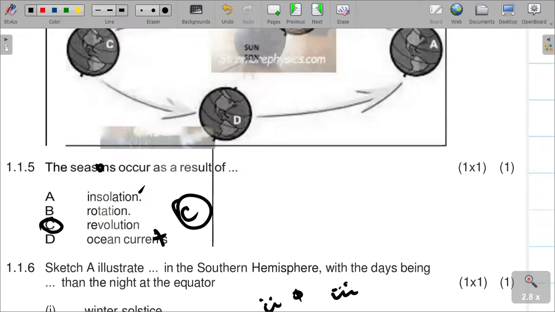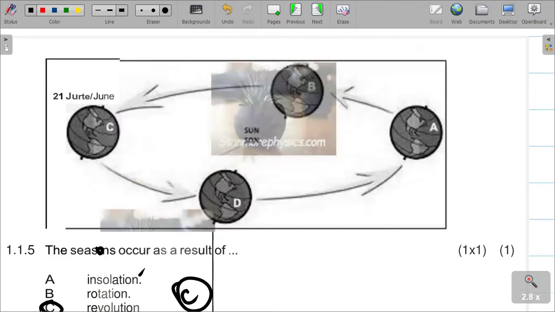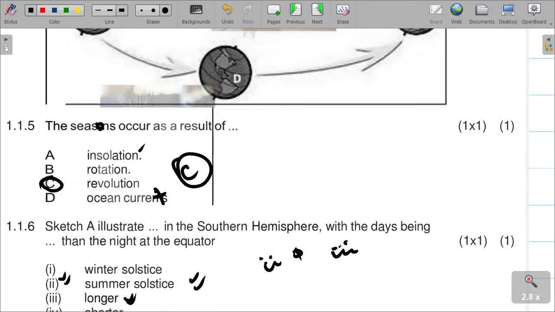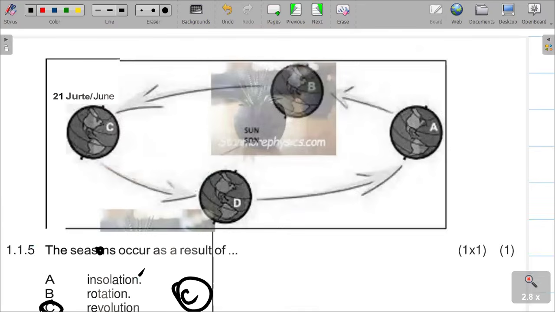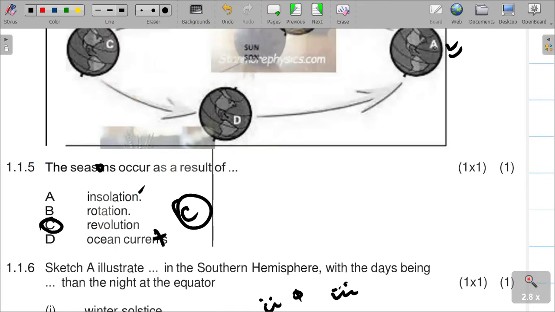What happens is that sketch A identifies that in the southern hemisphere we have got summer solstice, which has days that are longer than the nights.